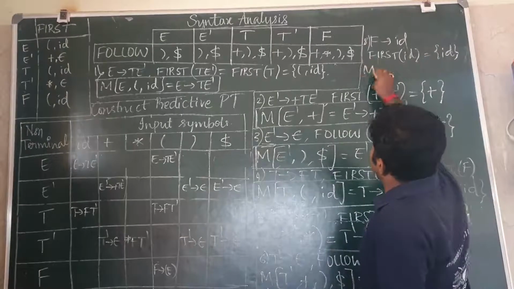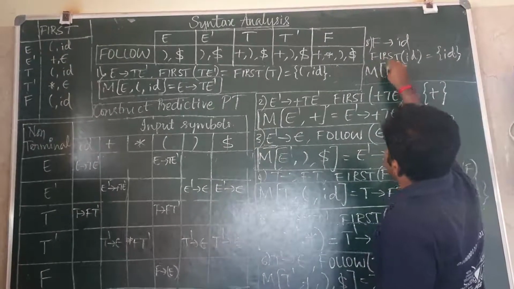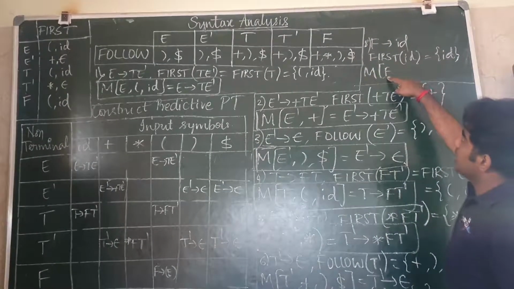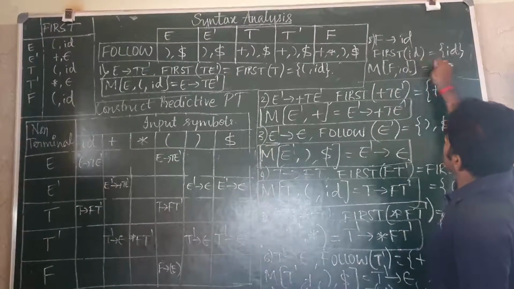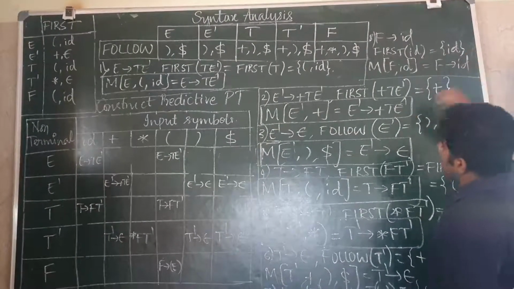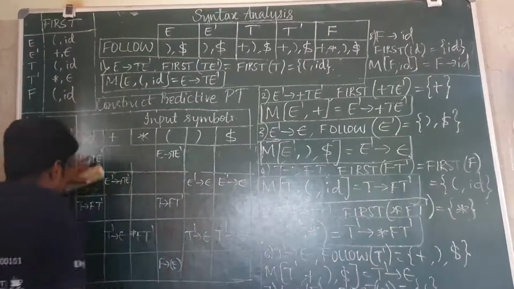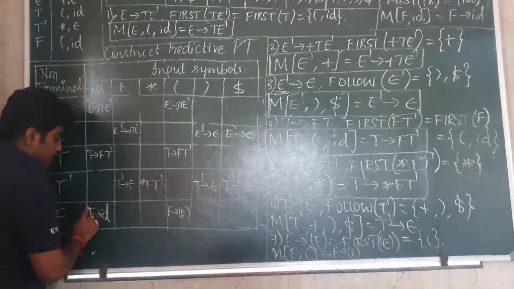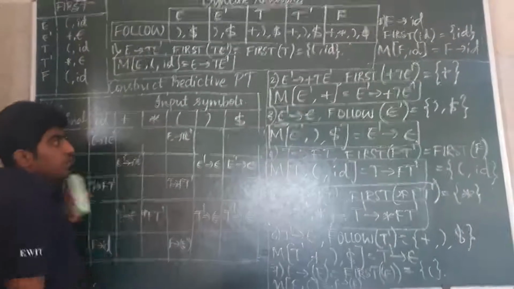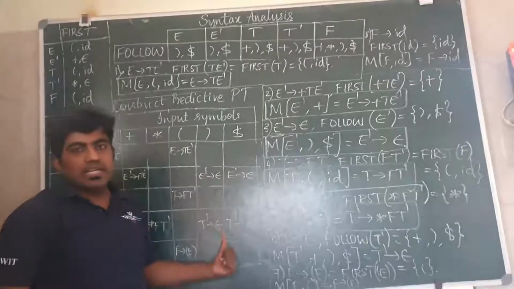Got it? Now it says that in parsing table M, from non-terminal F on taking ID, include the production F tends to ID. So this is how we can construct the predictive parsing table.